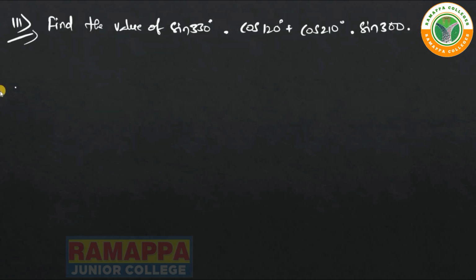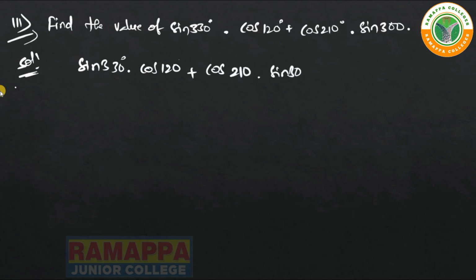Now the third question is given: find the value of sin 330 into cos 120 plus cos 210 into sin 300. This is a big question. Solution: sin 330 we can write as sin of 360 minus 30.